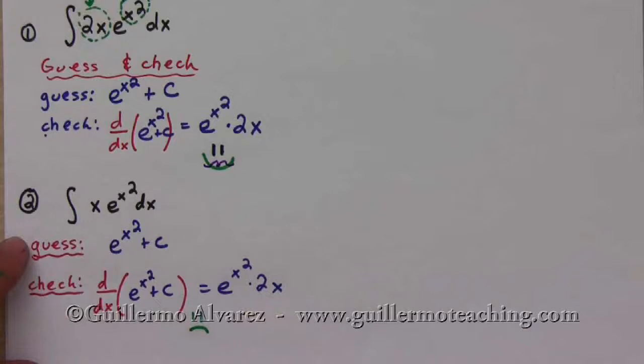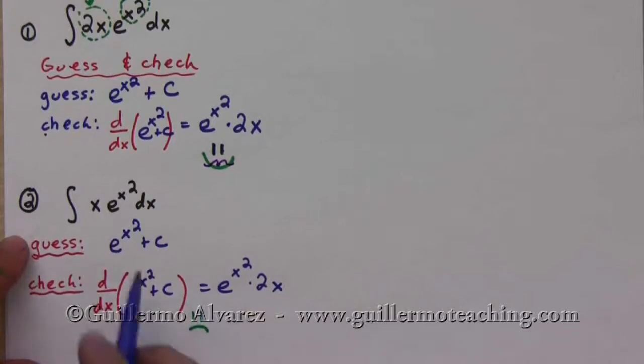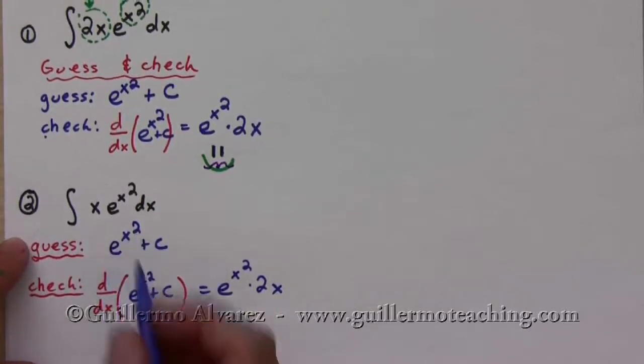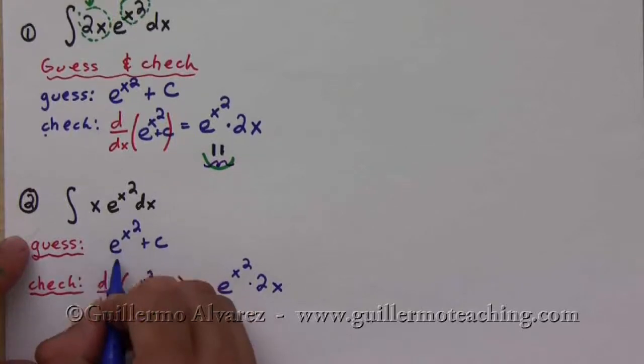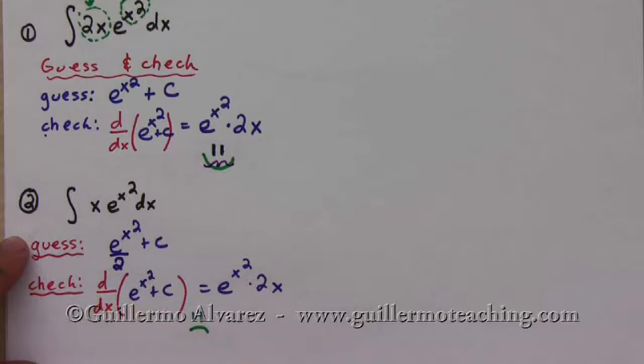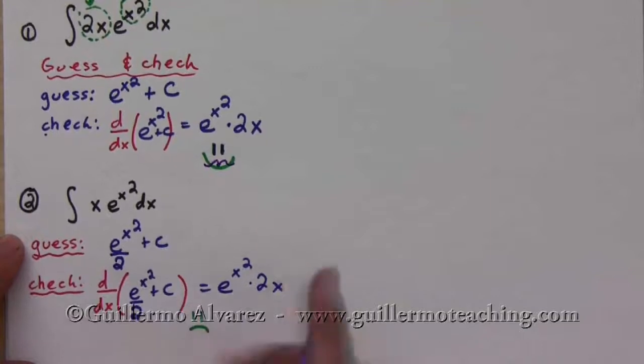So what if we change our guess? Instead of e to the x squared, what if we make it e to the x squared over 2 plus c? When we check, we take the derivative of e to the x squared over 2. Dividing by 2 is just dividing by a constant, so I don't have to use the quotient rule.